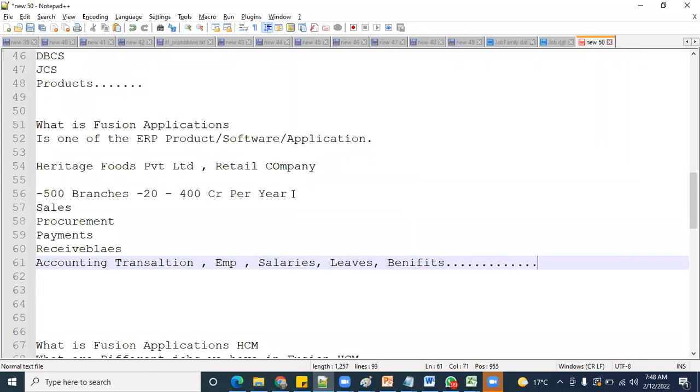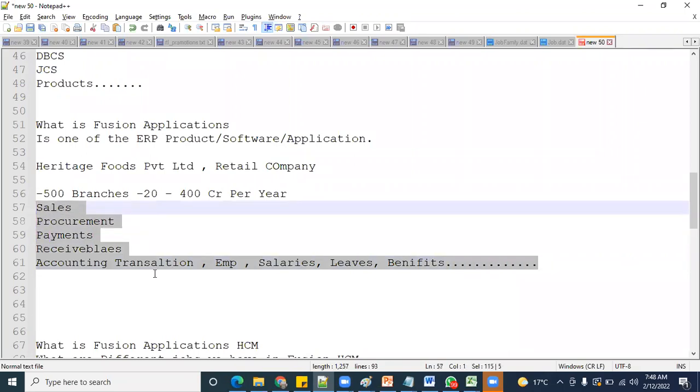This is all they want to maintain. They want to maintain all this data in every branch. There will be thousands of records from every branch per day. All this data they want to maintain on servers.